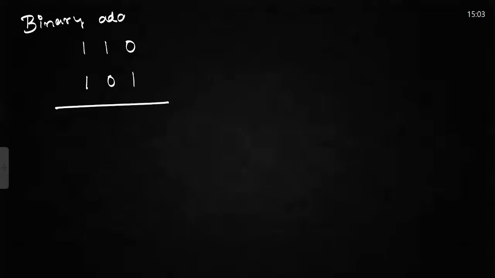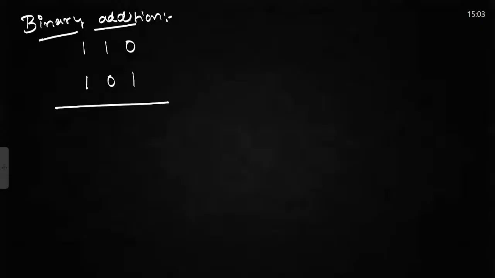So now let us understand binary addition. If I am giving you 110 and 101, I need to add these two numbers. This topic is binary addition, so we are adding two binary numbers.